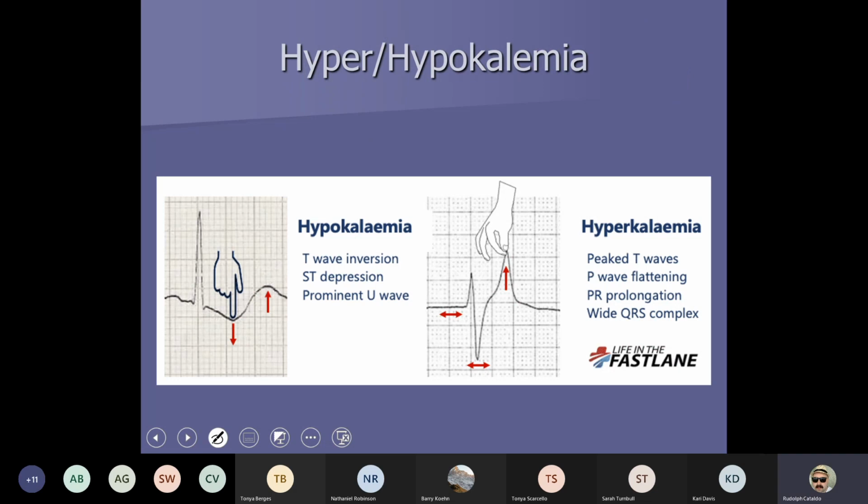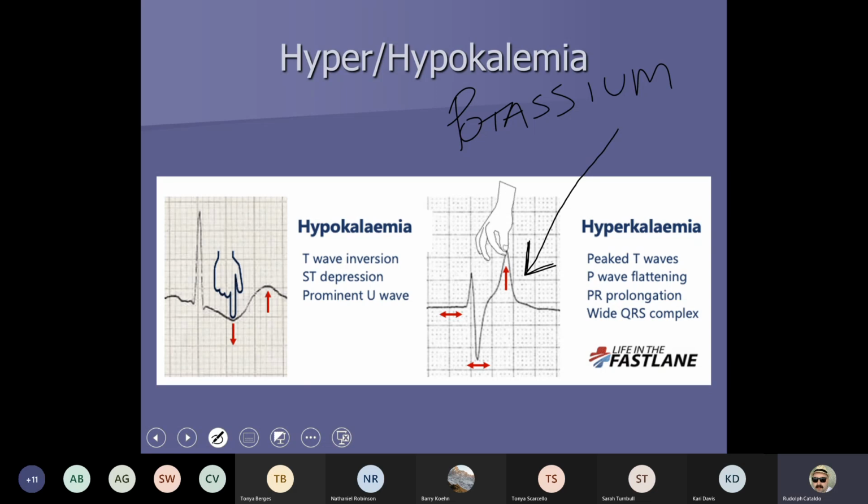When I say hyperkalemia and hypokalemia, what am I referring to? Calcium? Nope. Potassium. When you hear kalemia, I want you to think potassium. When I have a buildup of potassium, I get what is called a peaked T wave.